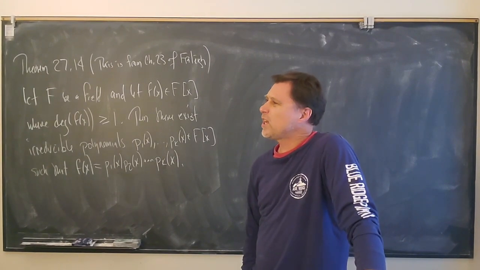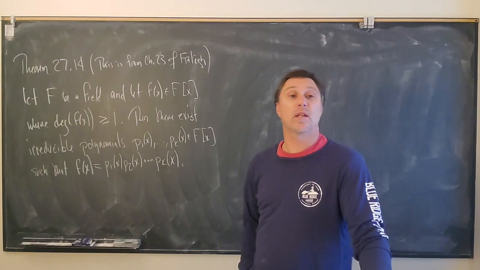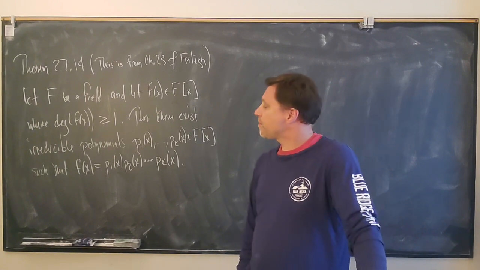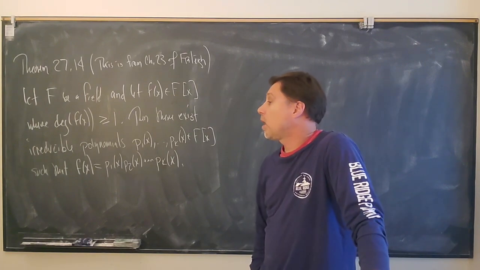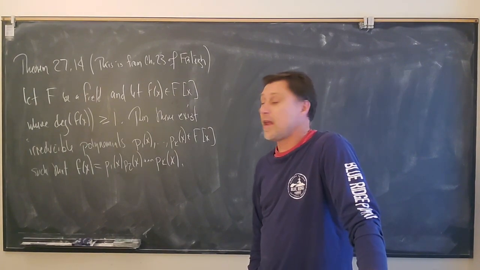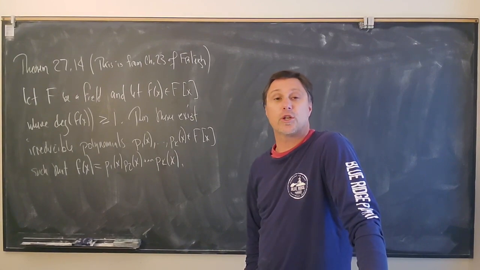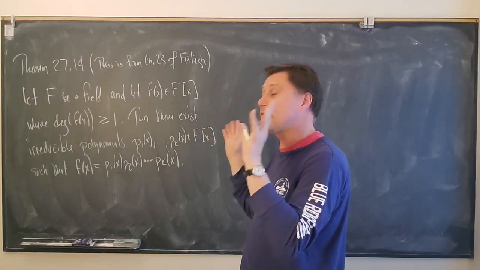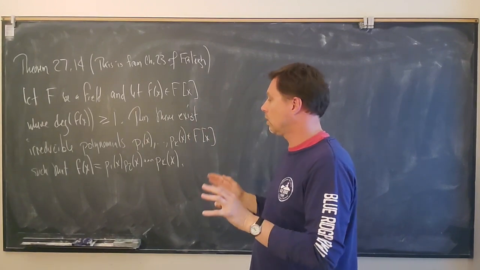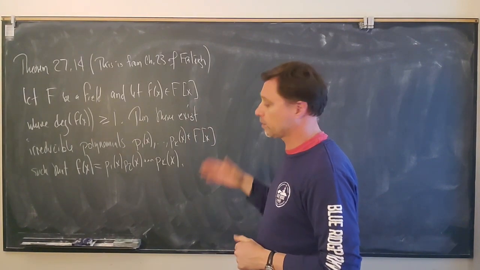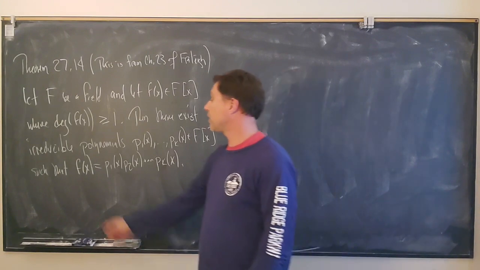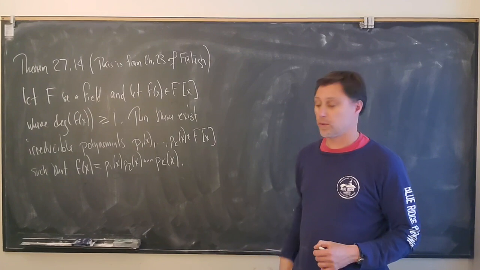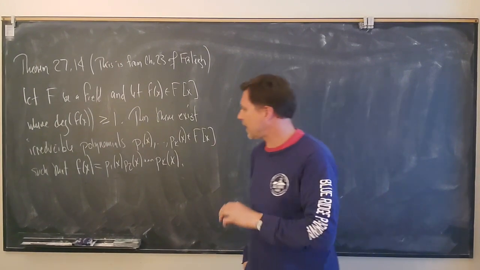That somehow irreducible polynomials behave like prime numbers. Here's another one. This should remind you of the fundamental theorem of arithmetic, which says that every integer can be expressed as a product of primes. So here what we have is a version of the fundamental theorem of arithmetic, but stated in terms of polynomials. Every polynomial can be expressed as a product of irreducible polynomials. Now, I'm not done with the statement here.